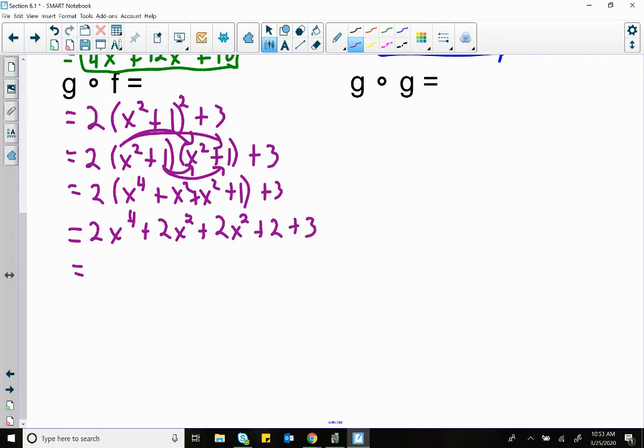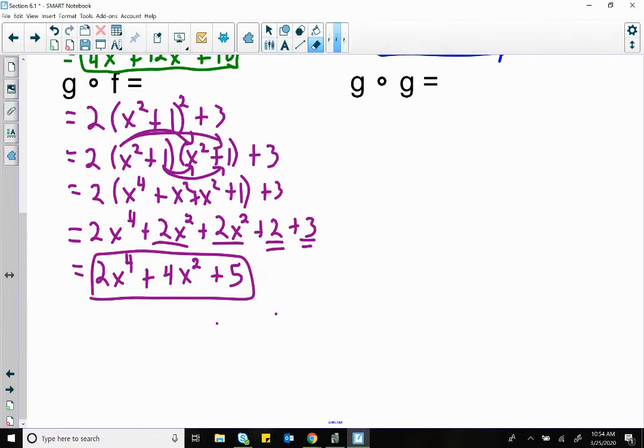And now the final cleanup, you get 2x to the fourth because no one gets together with that guy. The 2x squared plus 2x squared gives you 4x squared. And the 2 and the 3 give you a plus 5. And there it is. Easy peasy lemon squeezy.